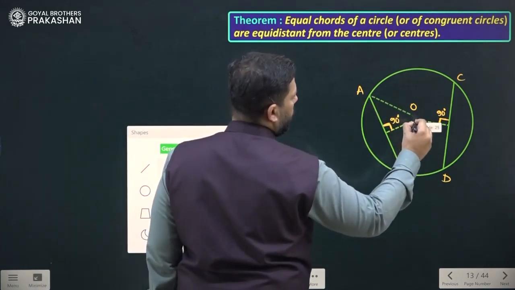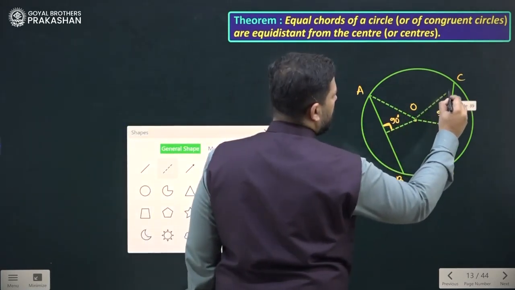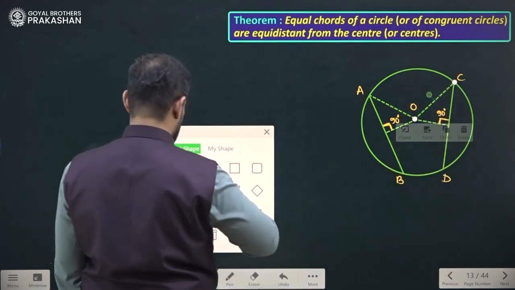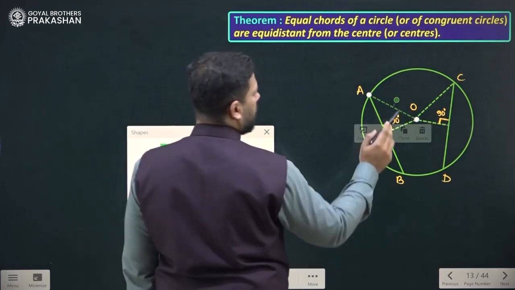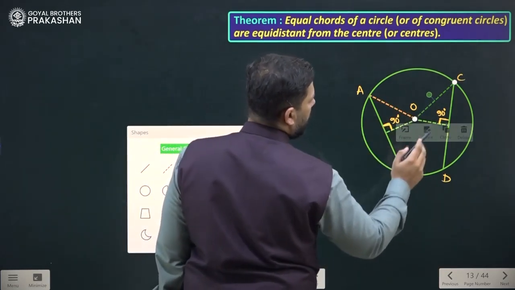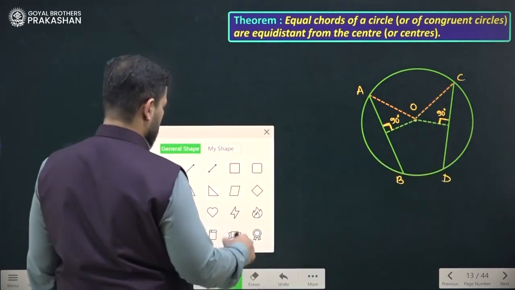Right? Let us join these two sides. Let us join OA and OC. Let us use another color for this so that it's visible that we have done the construction afterwards.